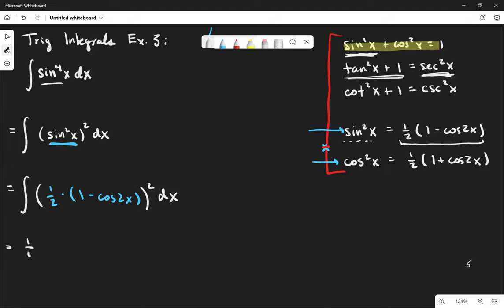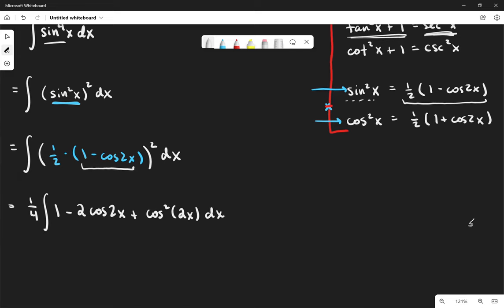1/2 squared is 1/4. I'll leave it outside. And I'm going to do FOIL on this. 1 minus 2 cosine 2x plus cosine squared of 2x. Now, at least these two integrals are easy now.